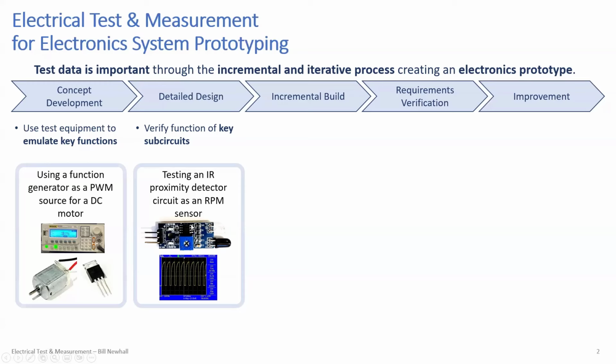Will this circuit board actually detect blade crossings? And how do you know if it's detecting blade crossings? Well, you can view the output on an oscilloscope, and you can check: I'm not getting erratic behavior, I'm getting regular behavior. I can measure the frequency of the output of the infrared sensor. I can convert that to RPM, and so yeah, this looks like it will work as an RPM sensor.